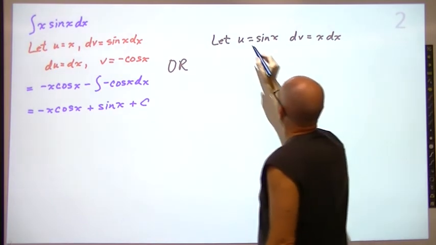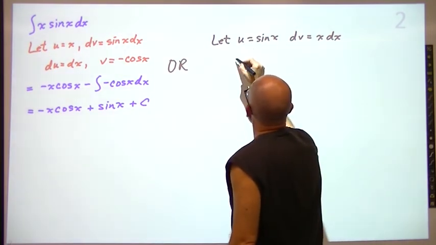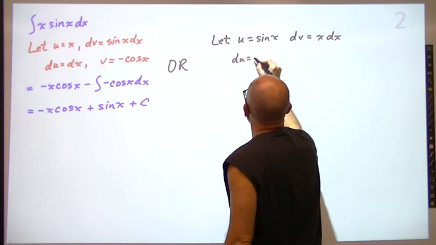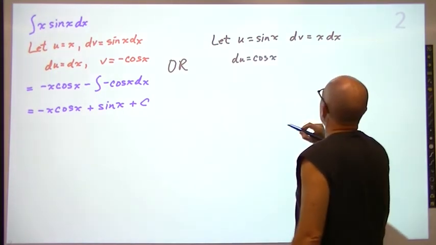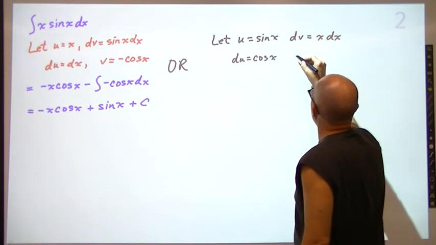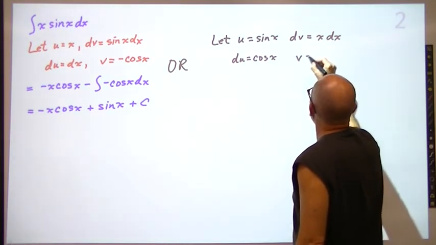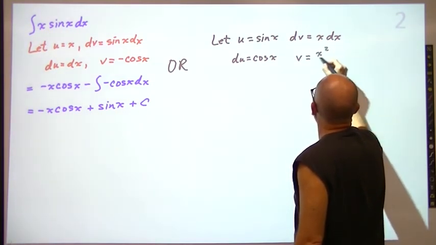Okay, now if u is sine x, then du would equal cosine x. And if dv is x dx, then v would be x squared over 2.